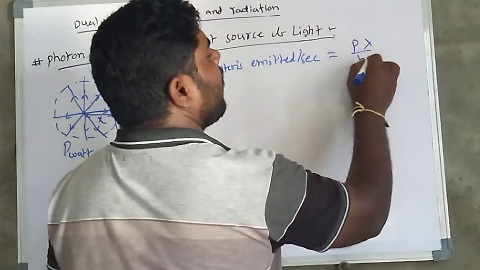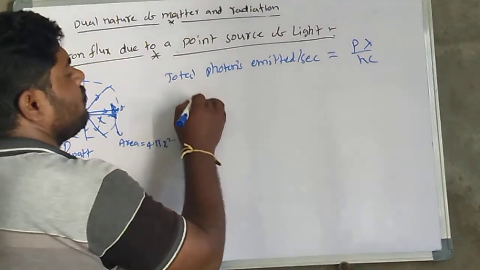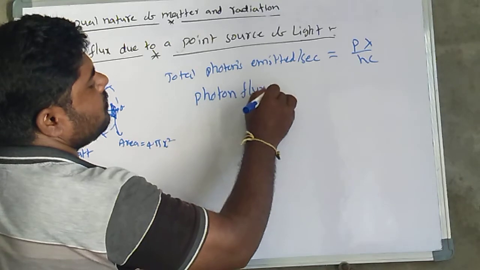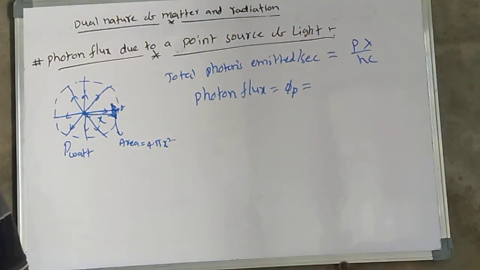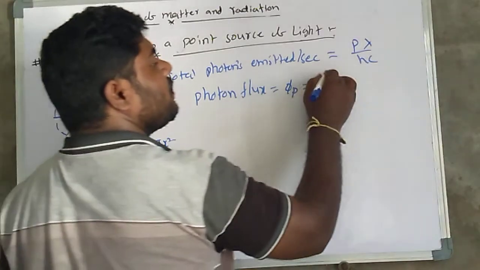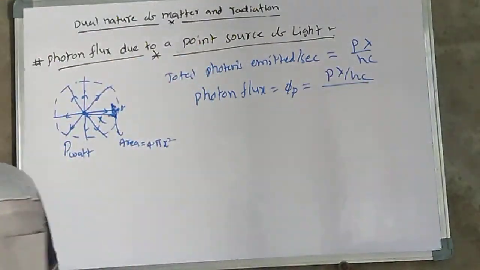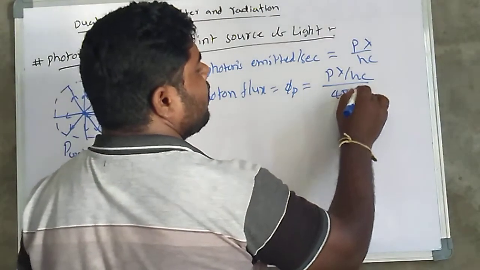Here photon flux, phi, is equal to P lambda by hc, whole divided by the area, the sphere area, which is 4 pi x square.